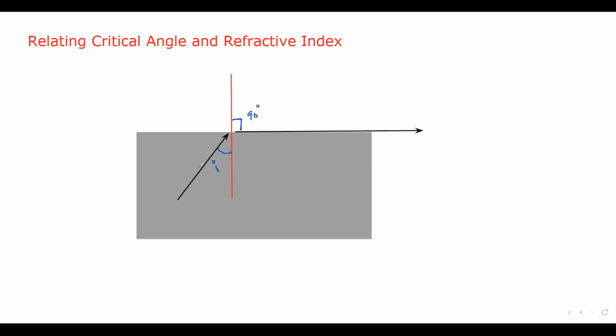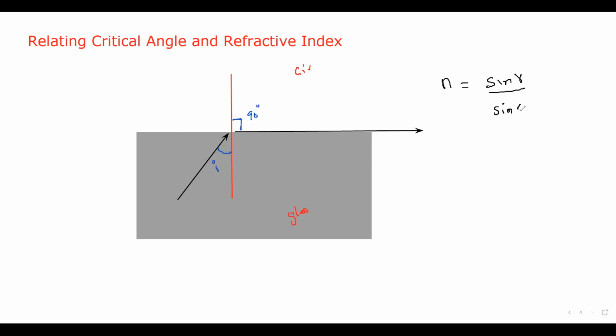Whenever light is moving from glass to air, like light is there in glass and it is moving in air, so traveling from glass to air, or high density medium to low density medium, the formula which we use for refractive index is n equals sine r over sine i.